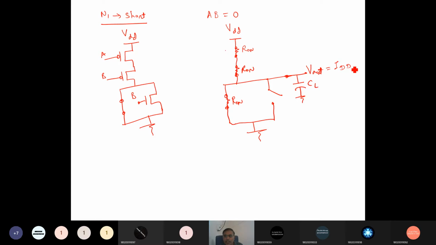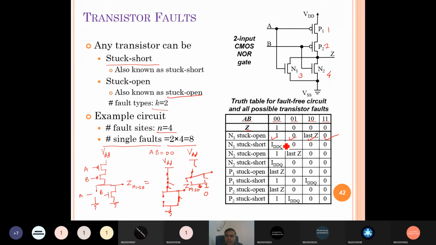So it is called the IDDQ output voltage. Here we will not get exactly a logic 1 or logic 0. It is as per the potential divider, the R1 resistance and the current flowing through it that decide the output voltage. That is why IDDQ is written here. The current decides the voltage.